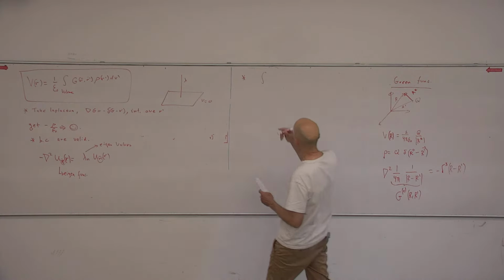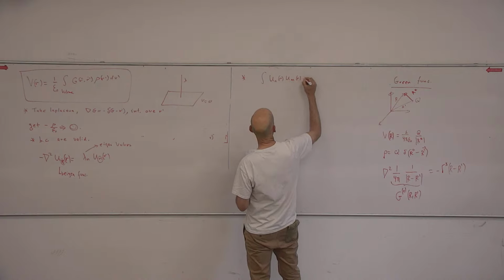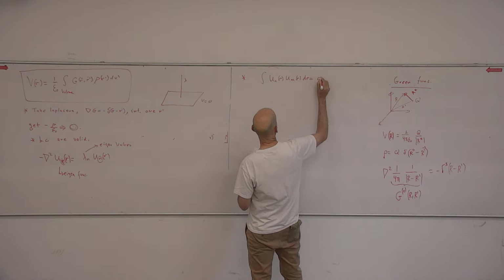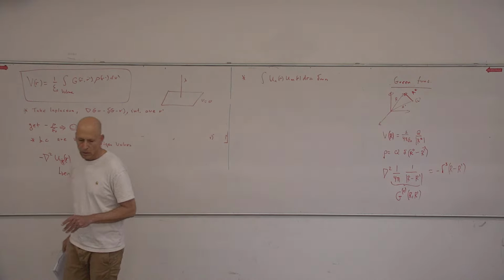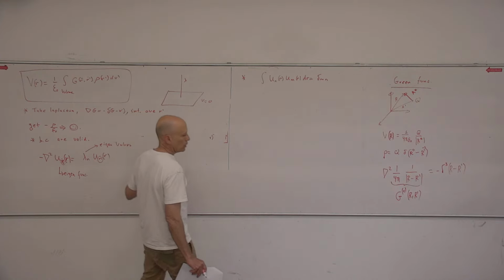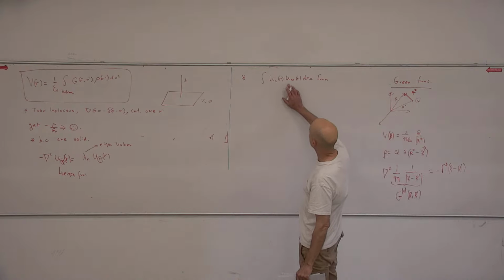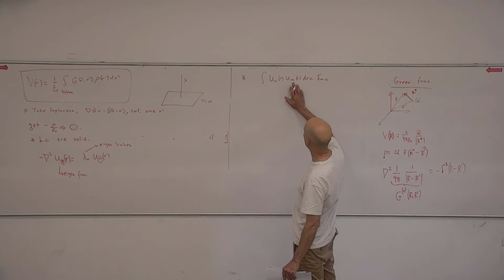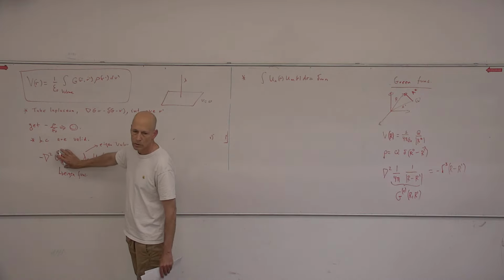So what do we know from math? We know that the integral of u n of r, u m of r, dr is equal to delta n m. What it means is there is a freedom in the choice of u, but we chose them such that they are normalized.